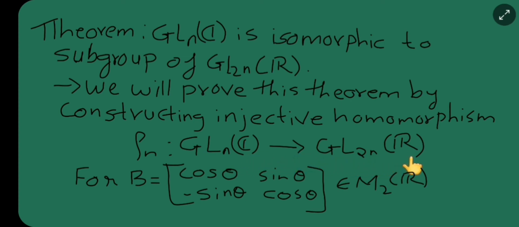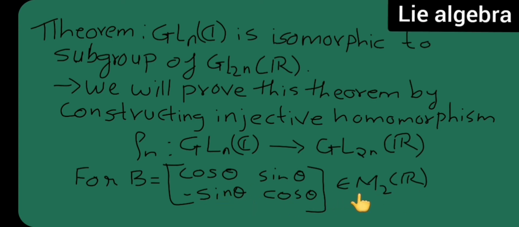tending to GL 2n of R. Now in the above example, for B, we got cos theta sin theta minus sin theta cos theta, it belongs to M2 of R. This we have taken from the above example.